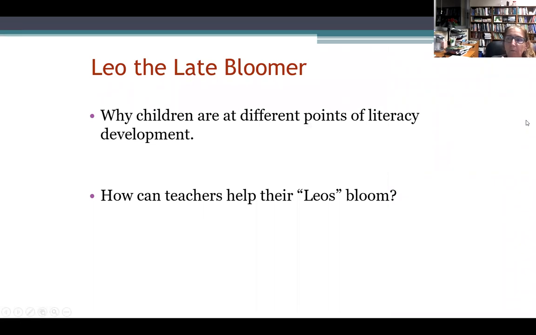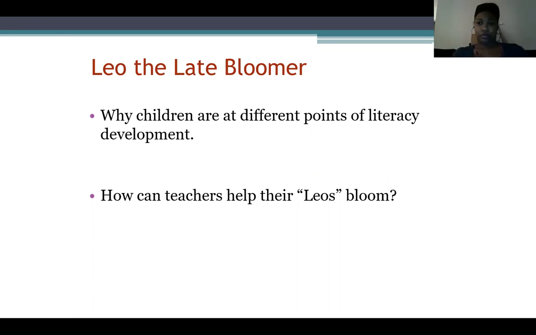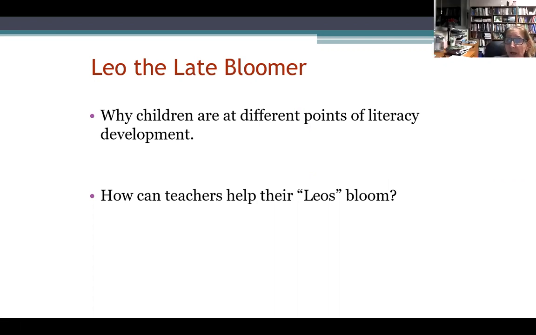All right, why are children at different points of literacy development? Anybody know? It has a lot to do with socioeconomic status. It has a lot to do with exposure to books, exposure to words.